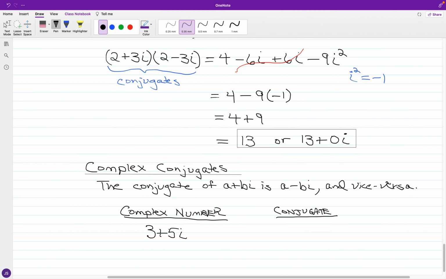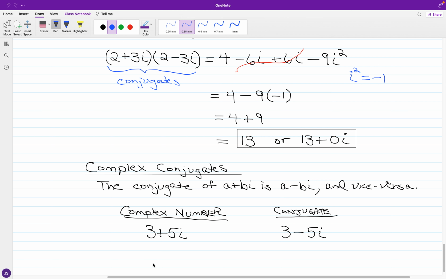So your a plus bi, a is 3, bi is 5i, and for a minus bi, the conjugate, notice the leading coefficient is going to remain fixed, and for the i terms, you're going to have opposite sign expressions. Okay, so you got 3 plus 5i and 3 minus 5i as conjugates.